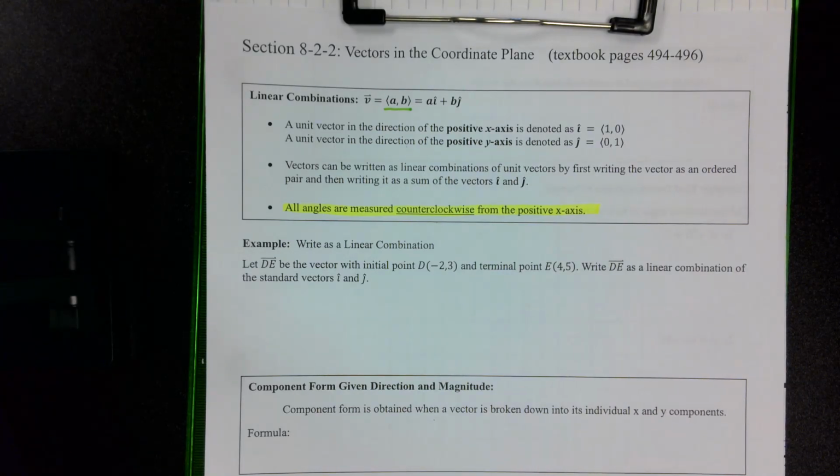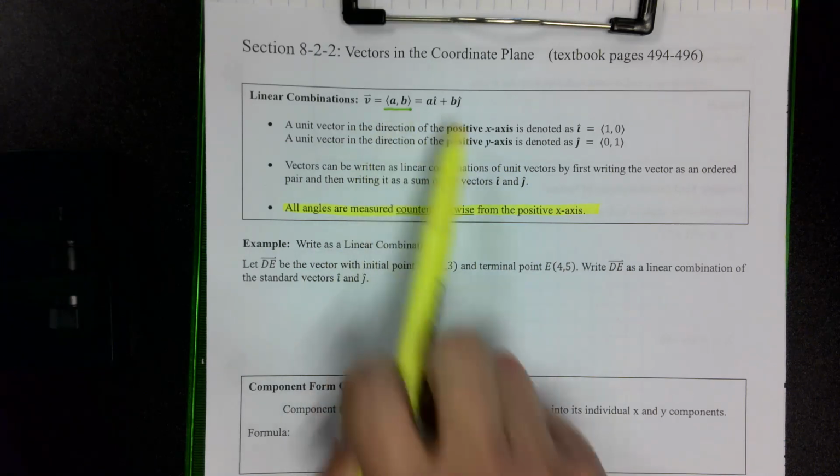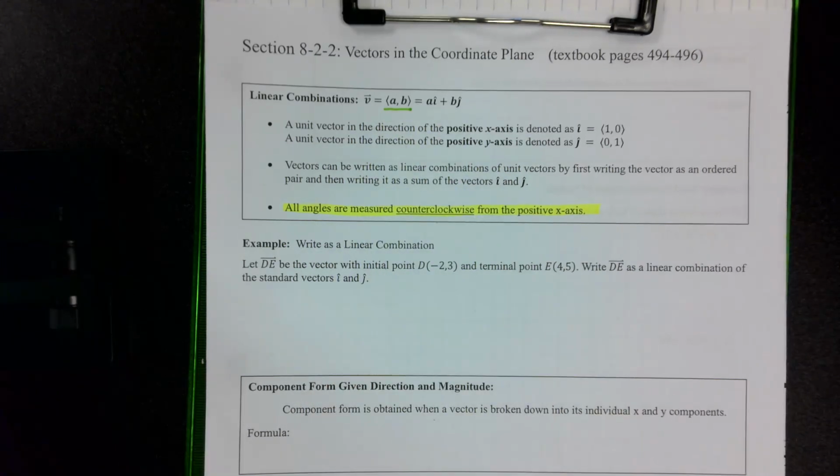Whenever a problem discusses the cardinal directions, north, south, east, west, then your 0 degrees will be at north and you will rotate clockwise. I know this can be confusing, but that's just the way math is. So we're going to be rotating counterclockwise when we're talking about vectors in the linear combination sense.